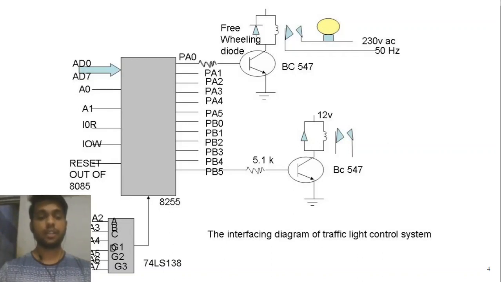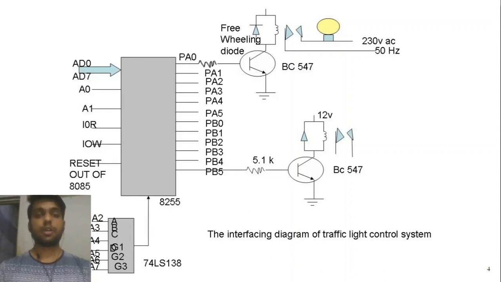The 8255 is connected to the AD0 to AD7 pins of the 8085, and the 8255 has three output ports which are A, B and C. In this project we'll be using only ports A and B. I'll be explaining in brief about the 8255 first of all. Port A and port B are both 8-bit ports and port C consists of two 4-bit ports.